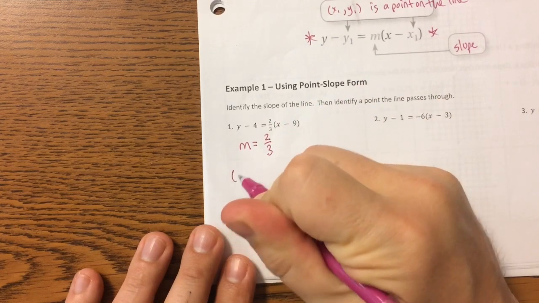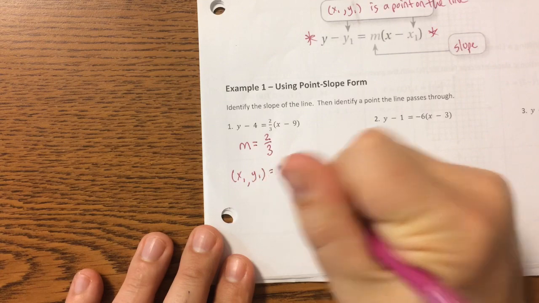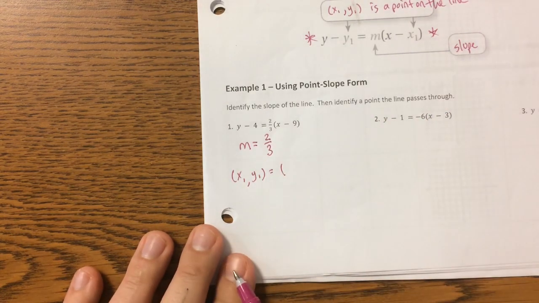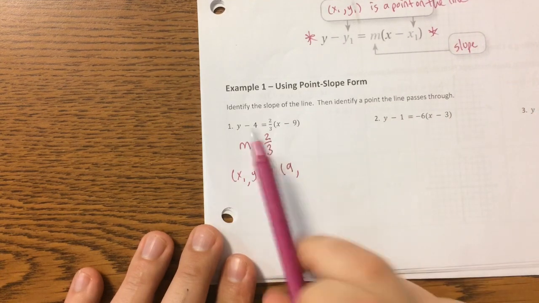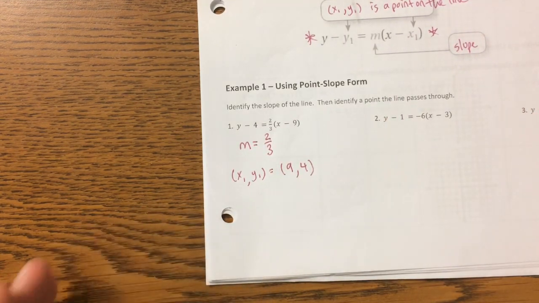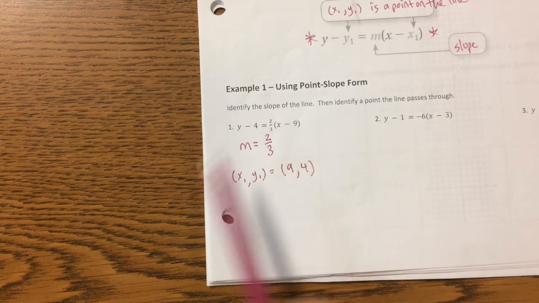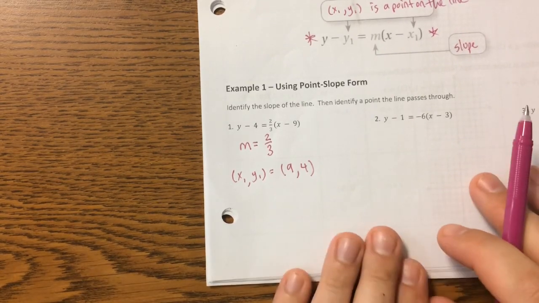And then my point, my (x1, y1), is going to be (9, 4). Okay, notice it's not (-9, -4), even though you see minus minus up here. All right, that's what we're going to do for the next couple problems.